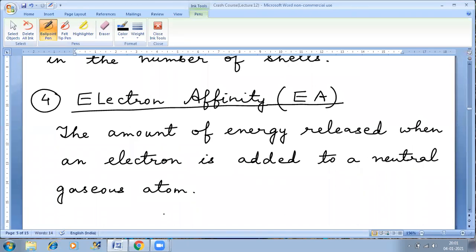So when you are adding one electron to an atom, some energy is released at that time. That energy which is released is called the electron affinity. The amount of energy released when one electron is added to a neutral gaseous atom is called electron affinity.